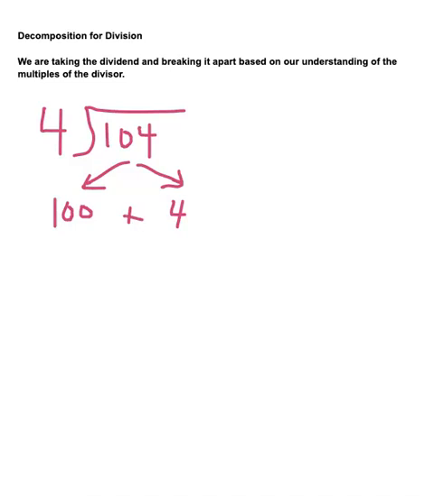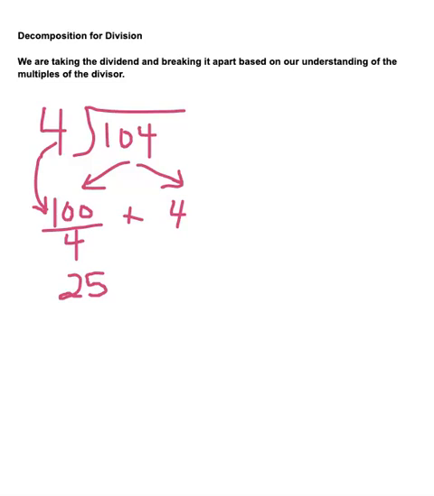So what I ask myself is, how many times does 4 go into 100, or how many times can I divide 4 into 100? And I know that it's 25, because for me, that's an easy one. It's based on money, so I know there's 25, 50, 75, 100.